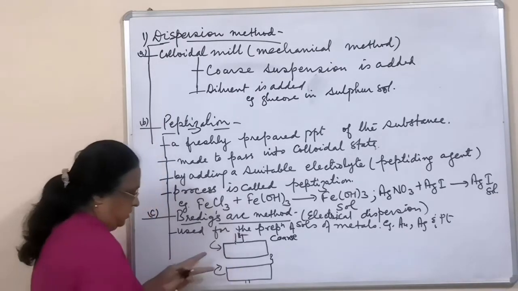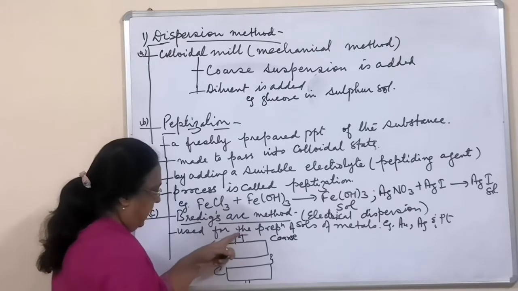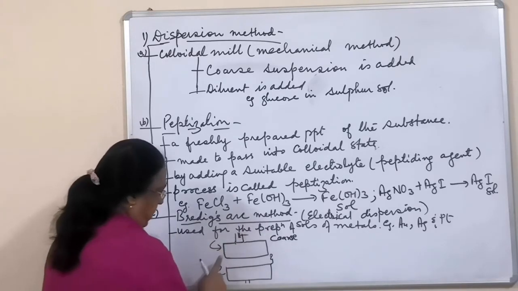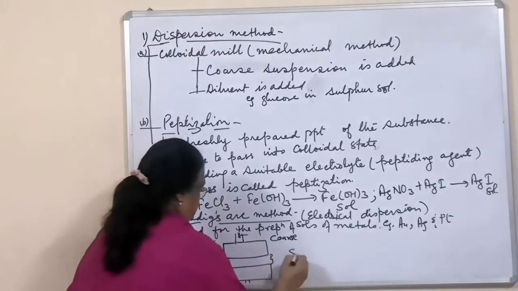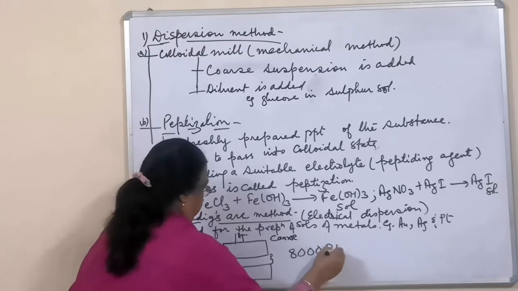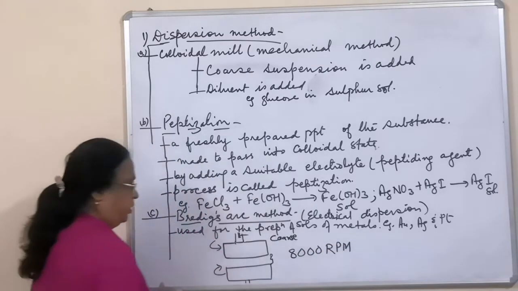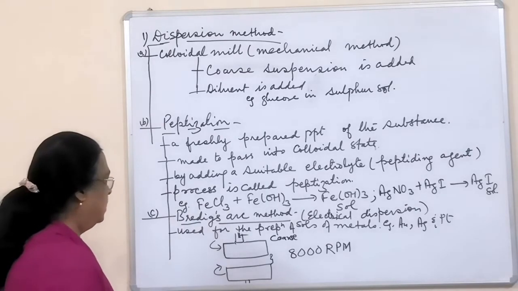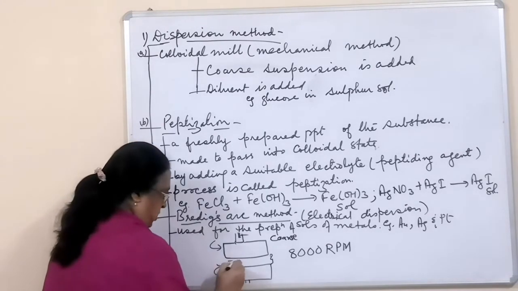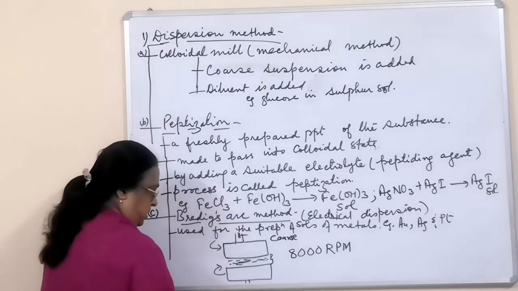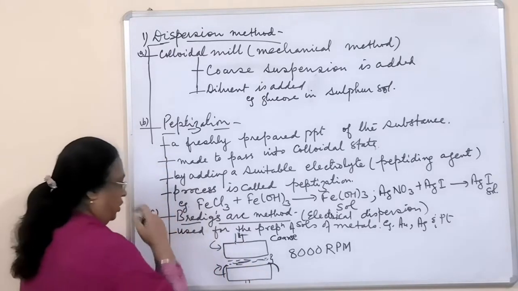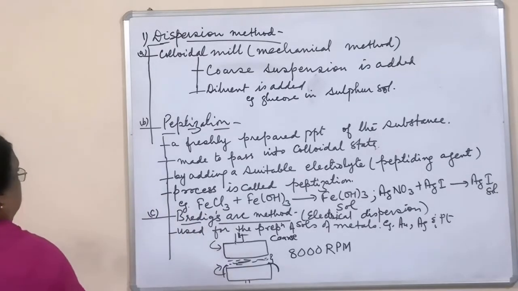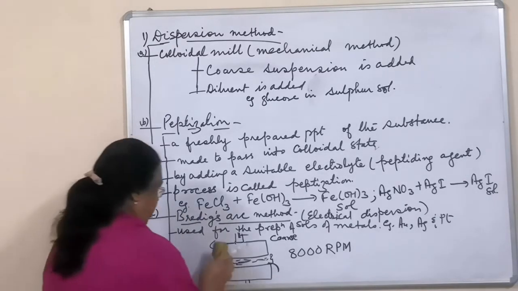So the distance is increased or decreased accordingly, and the coarse suspension is passed from there. These two discs rotate in opposite directions at 8000 revolutions per minute. It moves that fast, and when it is crushing, the coarse particles of suspension come over here and are dispersed, spread, and from here comes out the colloidal solution of the desired particles of the dispersed phase.